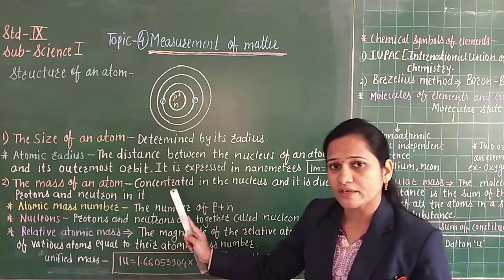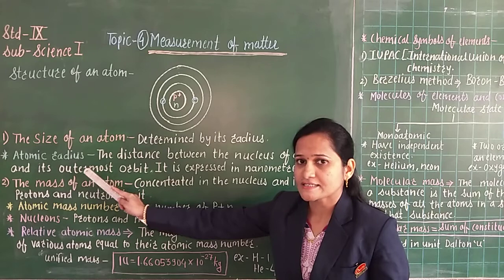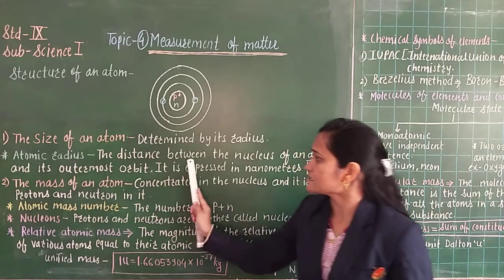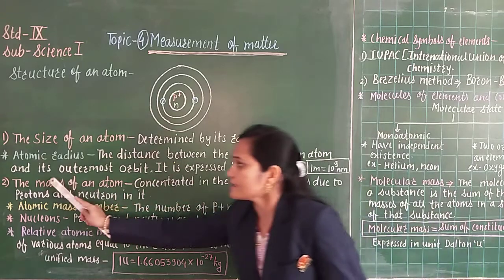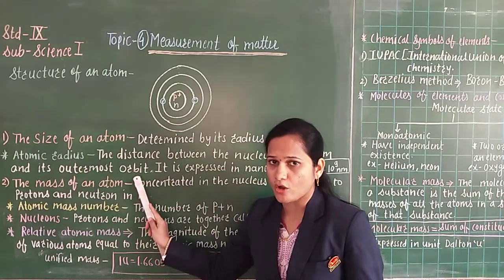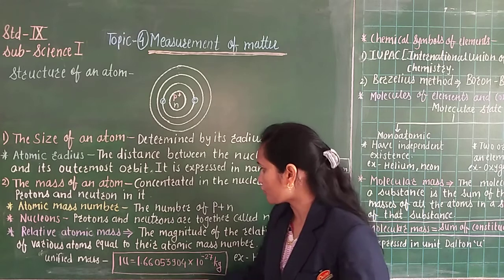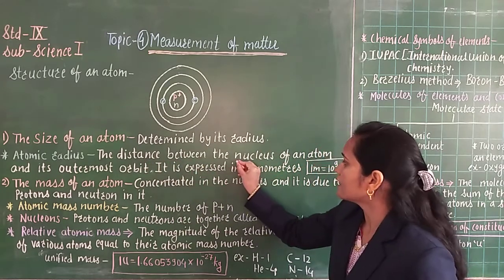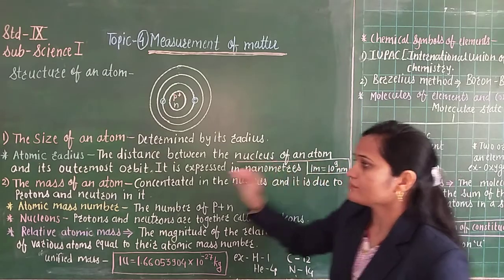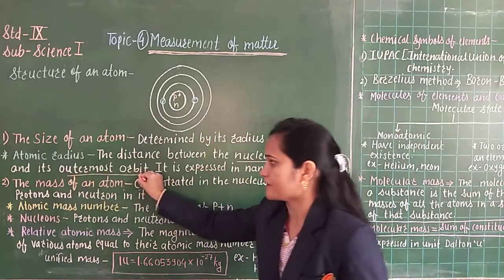Atomic radius is the distance between the nucleus of an atom and its outermost orbit.